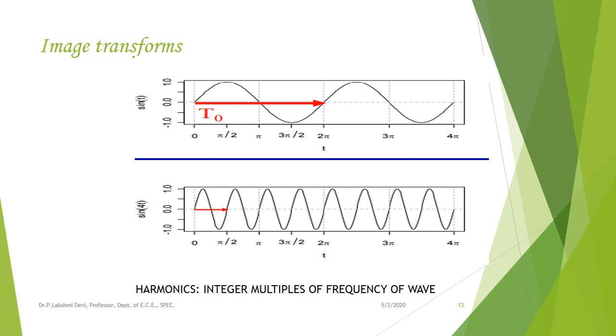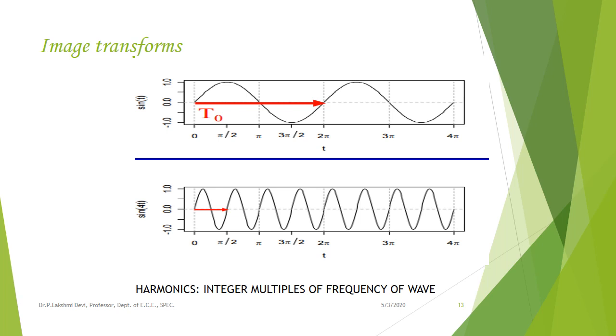Suppose you consider this particular wave whose time period is T naught, with 2 pi degrees being the total time period of this wave. If it is sin 4t, then within this duration the same sinusoidal signal repeats 4 times within 360 degrees. This is the sin 4t signal. With decreasing frequency, that means for 360 degrees only one cycle of the signal is repeated.